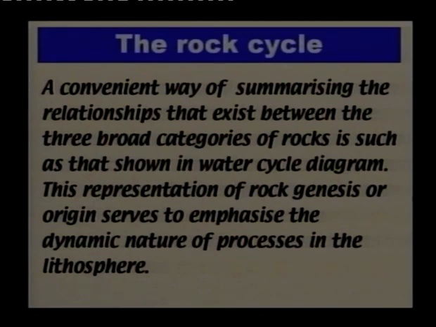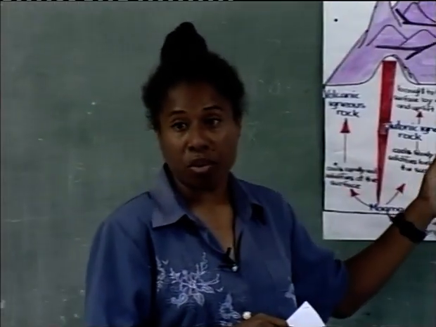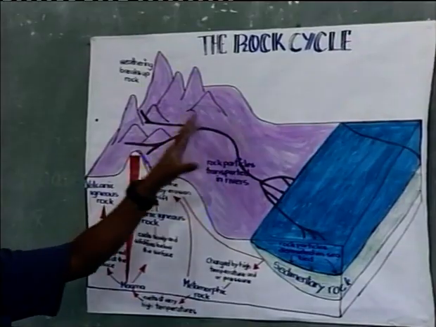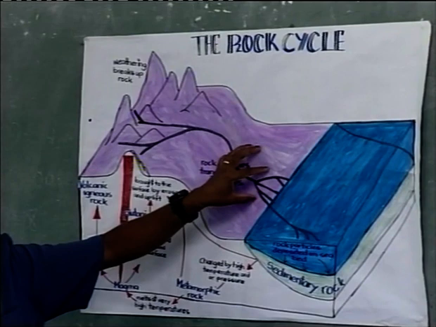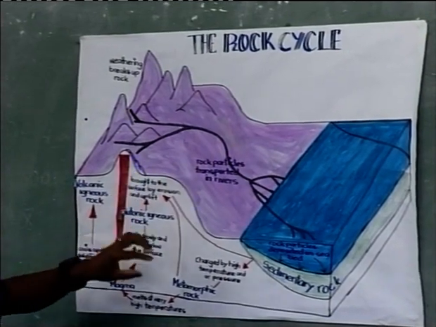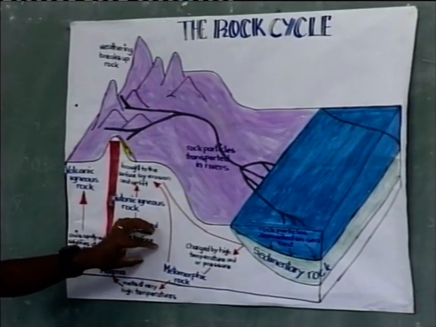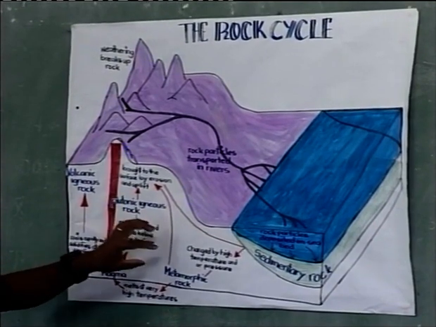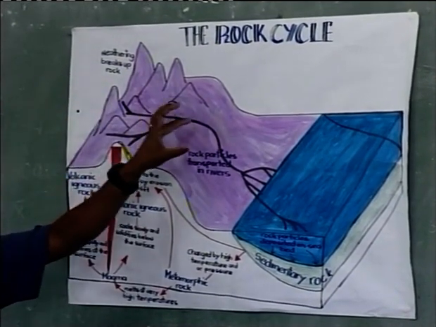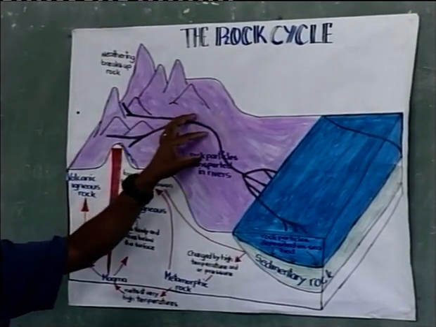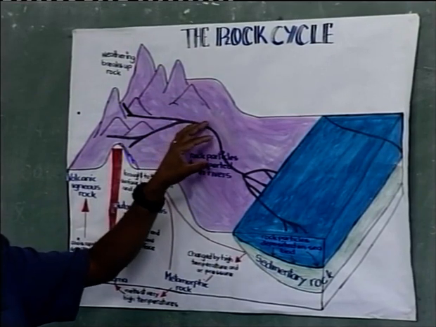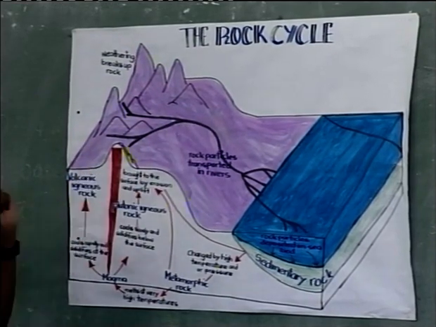We also need to bear in mind that the formation of the 3 groups of rocks can be on the surface, as shown by this diagram here, and it can also be under the surface. And those that are under the surface will get exposed on the surface through processes such as tectonic uplifting, volcanicity, and so on.